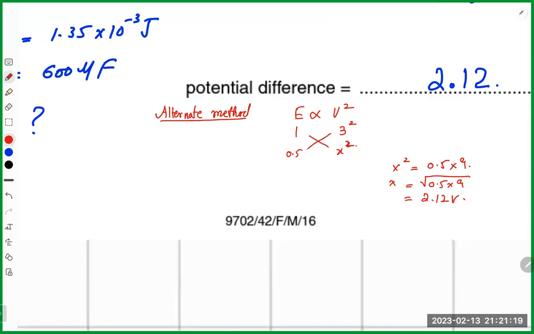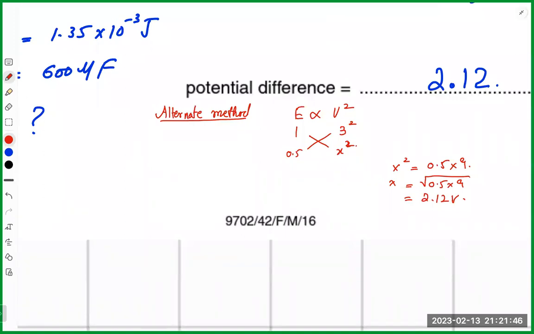Okay, because if you know the relationship, energy equals 1 over 2 CV square, 1 over 2 is a constant, C is a constant. Capacitance of the capacitor does not change. Whether the capacitor is full or half, it has the same capacity. It is like a 1 liter box. If it has a liter of milk inside, it has a capacity of 1 liter.